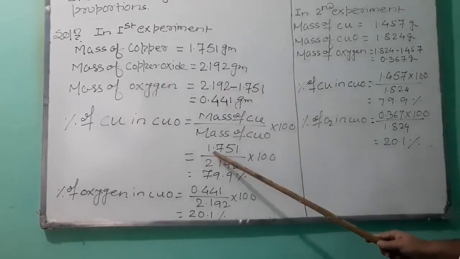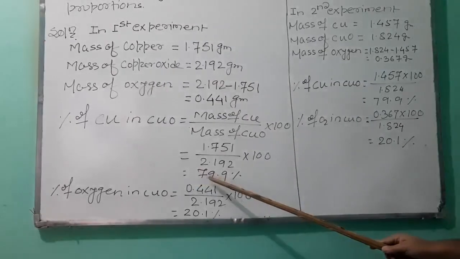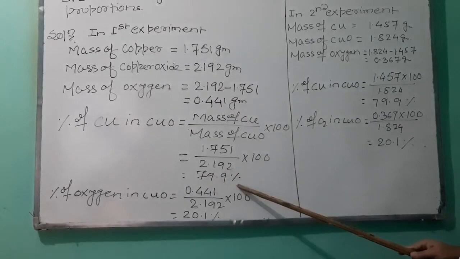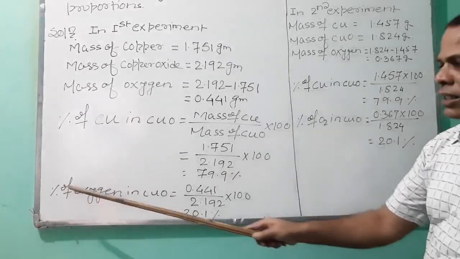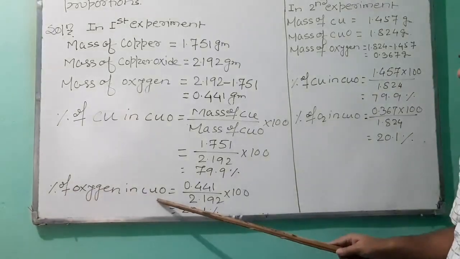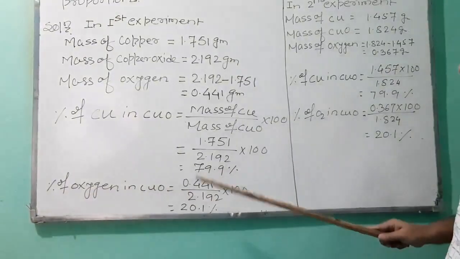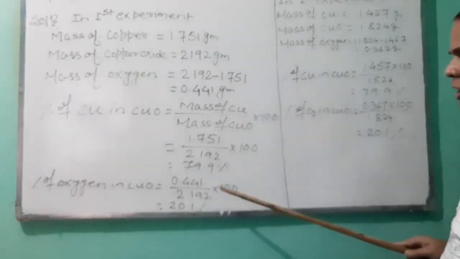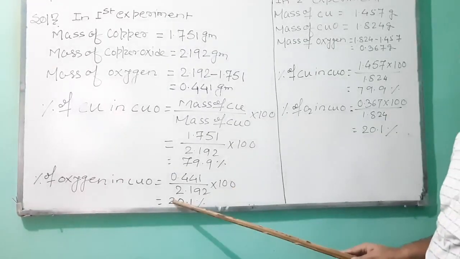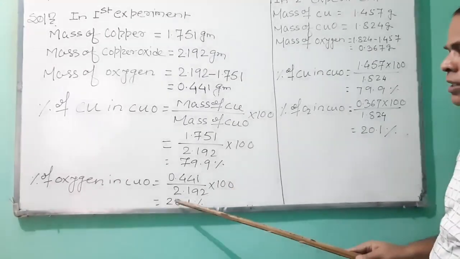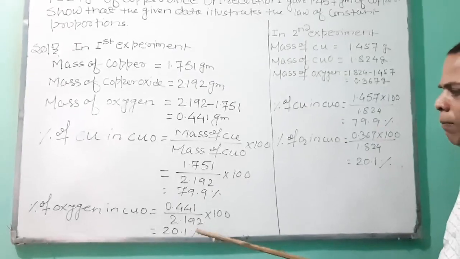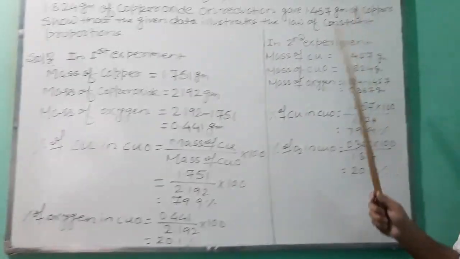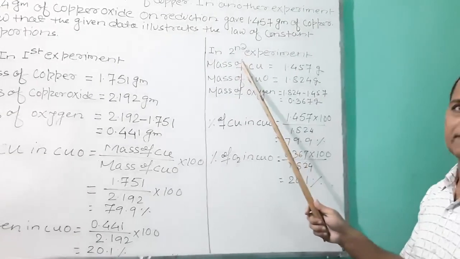When you solve it, it comes approximately 79.9%. Percentage of oxygen in copper oxide equals mass of oxygen by mass of copper oxide into 100, which after solving comes approximately 20.1%.